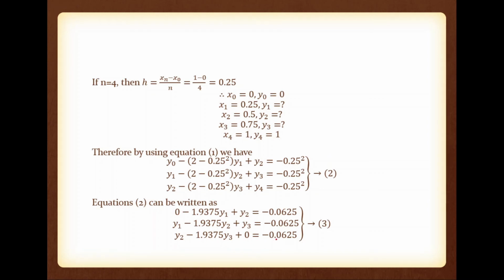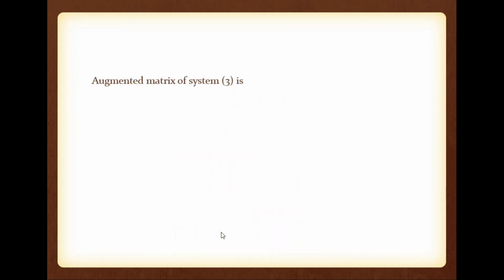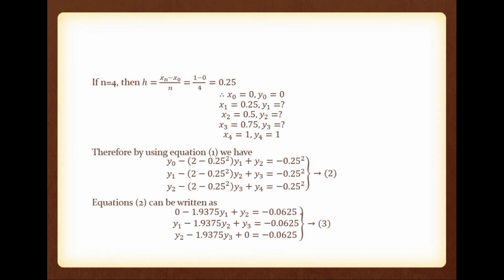We can remove this 0. If it is not 0, we have to move that quantity to the right hand side, but that is not required here. Now, what is the augmented matrix?